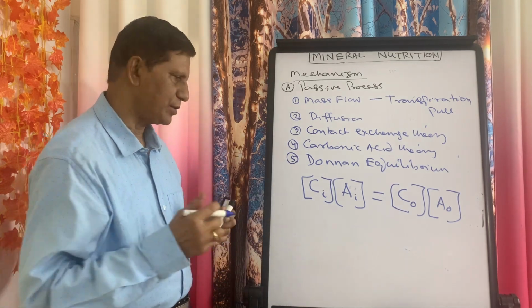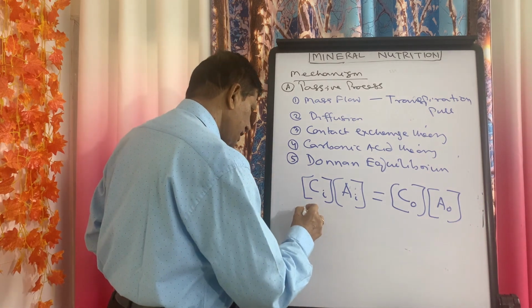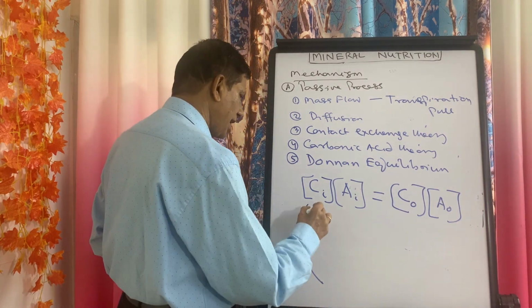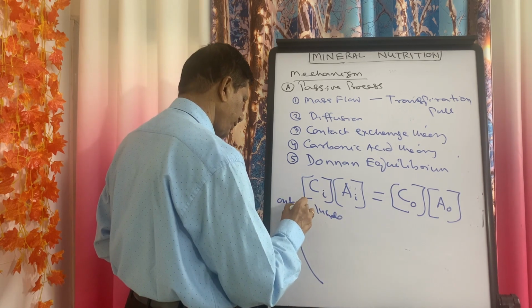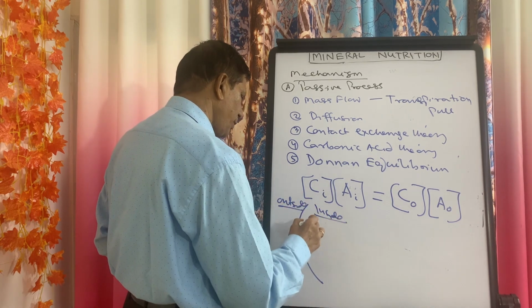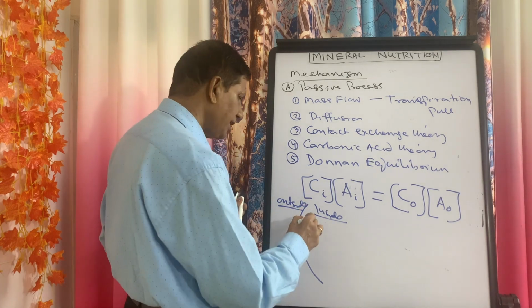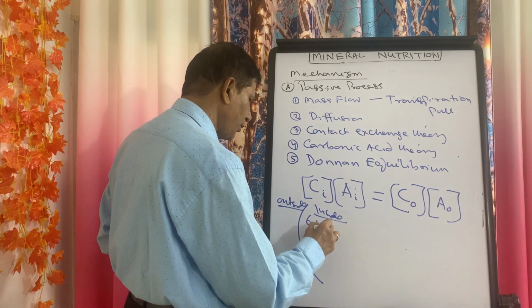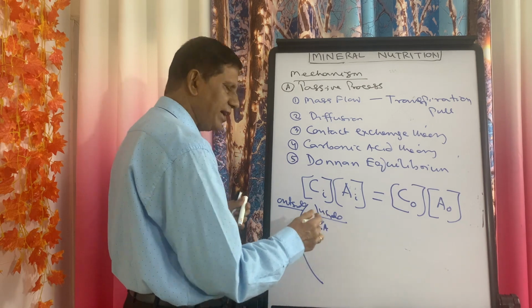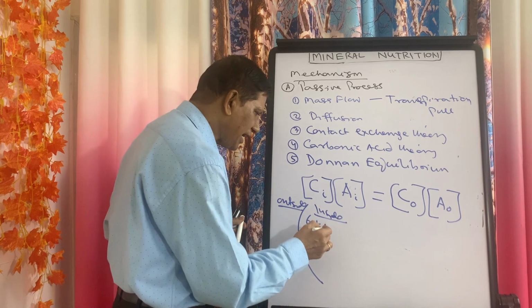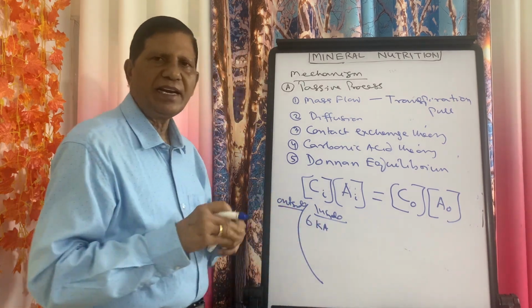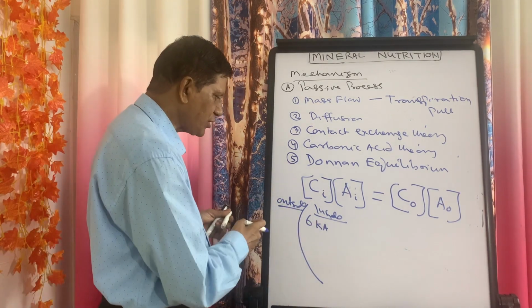So when it happens, let us see. Suppose this is one cell membrane and this is inside the cell and this is outside. Suppose inside the cell there are 6 molecules of potassium A. This A means this is anion, and this anion is usually indiffusible. That means it cannot pass outside.